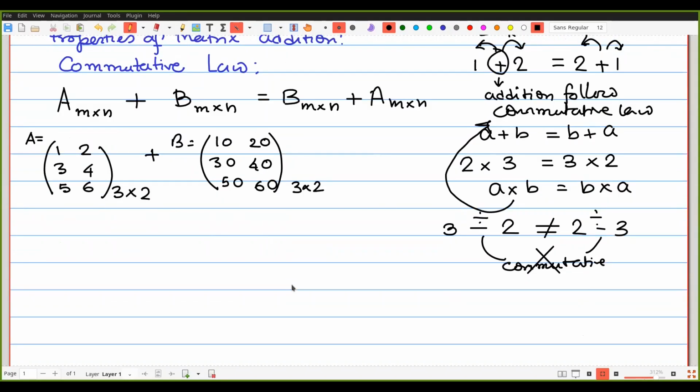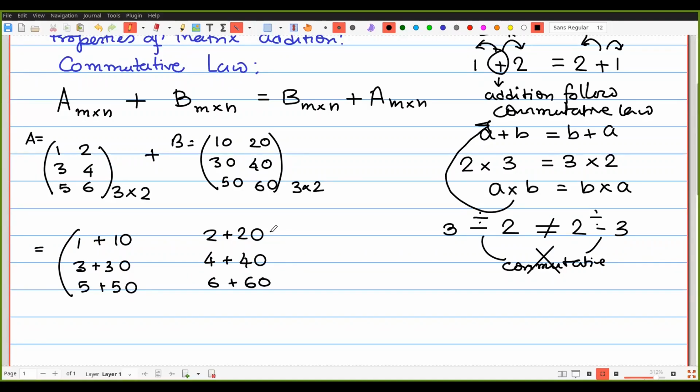After addition we get 1 plus 10, 2 plus 20, 3 plus 30, 4 plus 40, 5 plus 50, 6 plus 60.